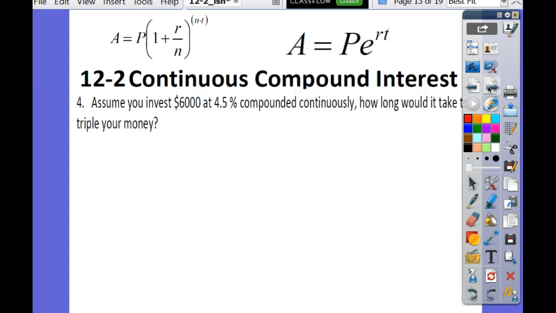So on your homework paper, would you look at problem number 4? That's the one that has the problem stapled together. If you see the word continuous, you use what is sometimes called the PERT equation.